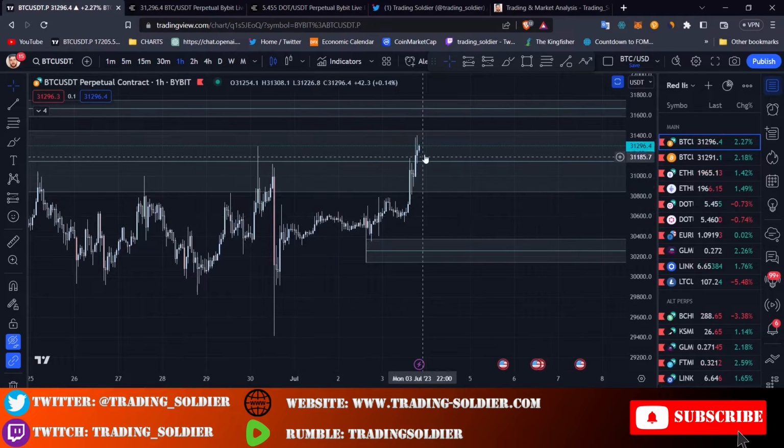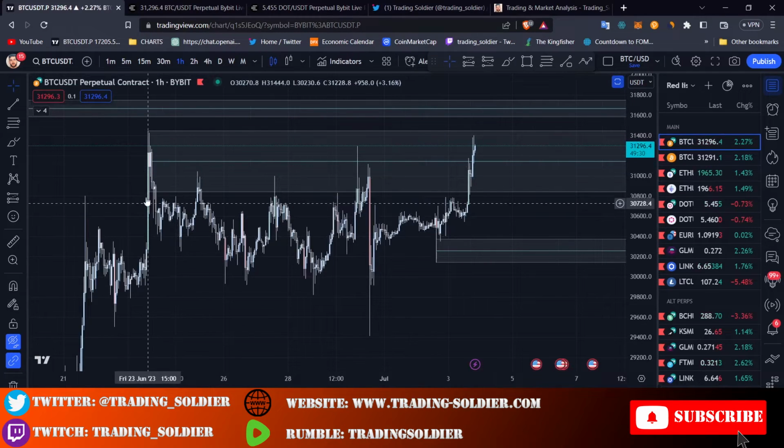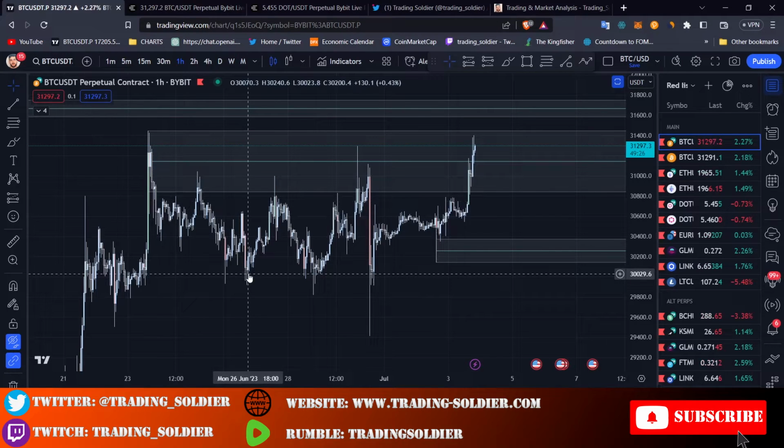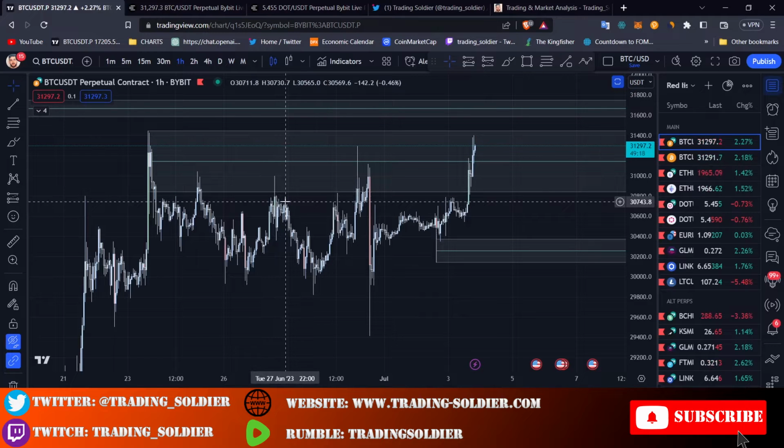Right now this order block has been acting as resistance. One time it's been tested, the price goes down again. Right now the price is acting again as resistance by this bearish order block, okay.